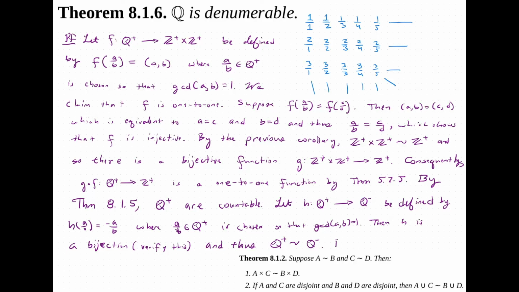So by theorem 813, this is the one about equinumerosity satisfying the properties of an equivalence relation, essentially. So we have reflexive, symmetric, transitive. If we apply theorem 813, we get that the negative rational numbers is equinumerous to the negative integers.